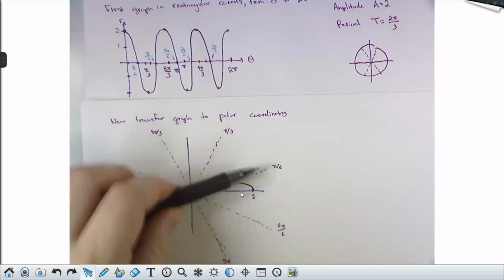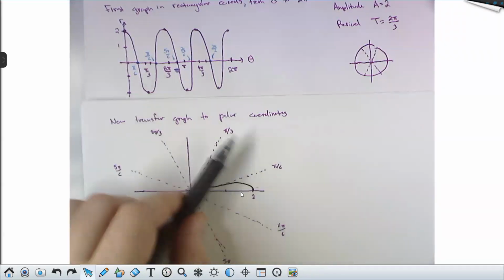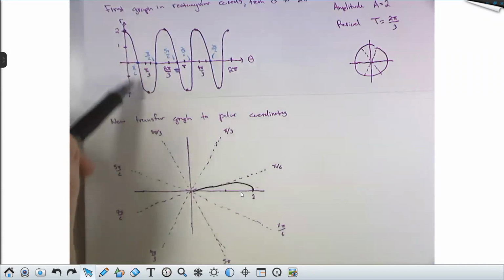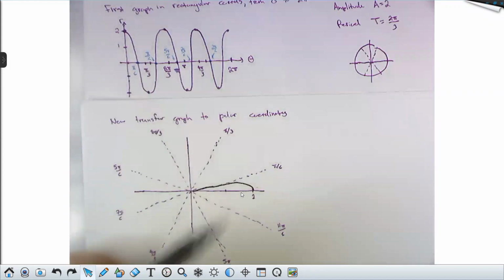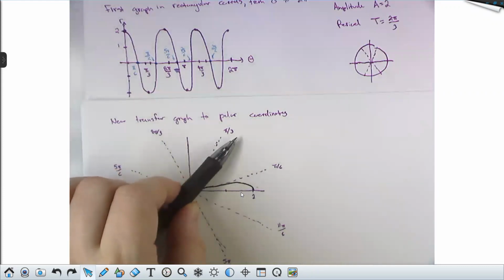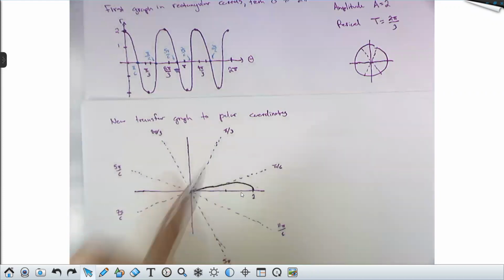As my arm rotates past pi over 6 towards the next important one here, which is pi over 3, my radius has become negative. It's poking back out from 0, but it's become negative. And that means instead of drawing in this region over here, which is normally where I am between pi over 6 and pi over 3, I'll be drawing in the mirrored region over here.